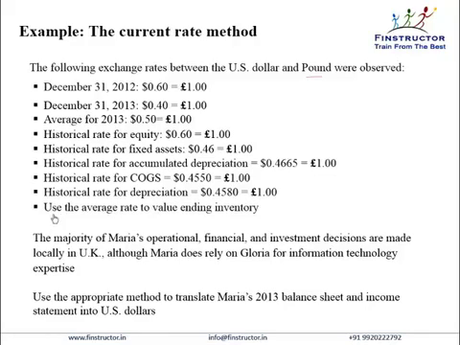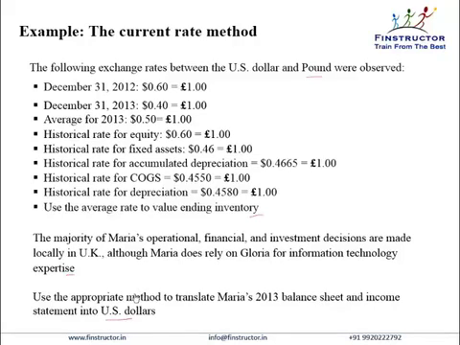It's been told to use the average rate to value ending inventory. The majority of Maria's operational, financial and investment decisions are made locally in UK, although Maria does rely on Gloria for information technology expertise. Use the appropriate method to translate Maria's 2013 balance sheet and income statement into US dollars.